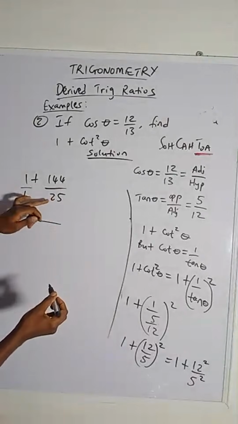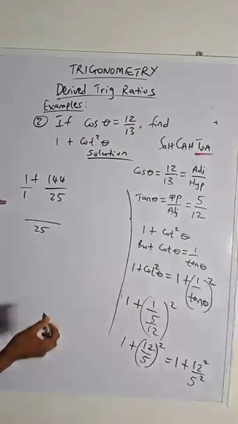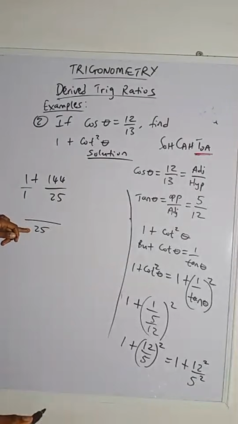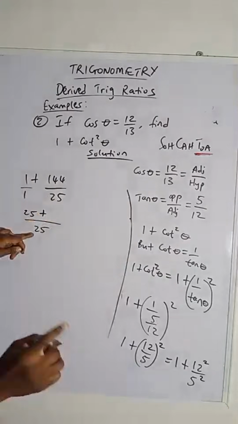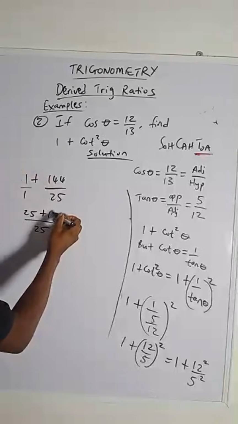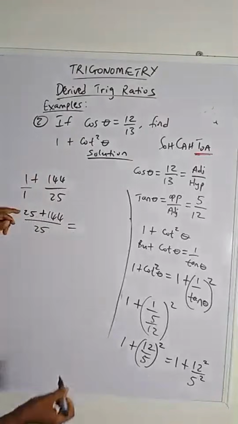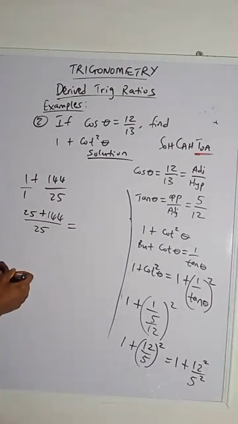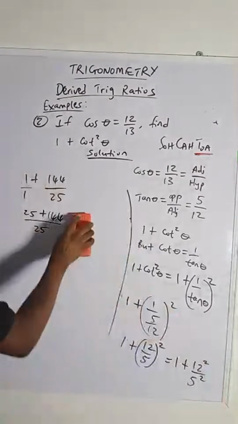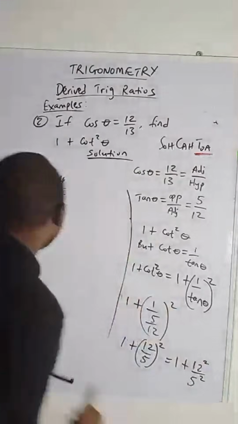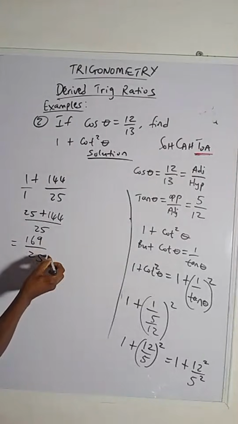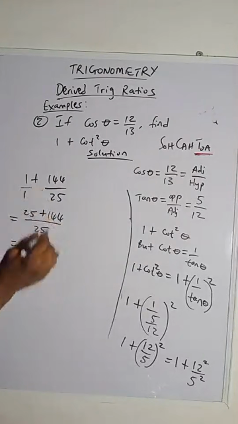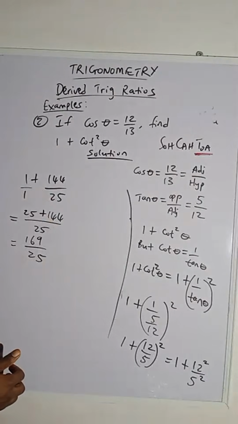The LCM of 1 and 25 is 25. 25 times 1 is 25, plus 1 times 144 is 144. When you add 25 to 144, that'll be 169, over 25. This is the final answer.